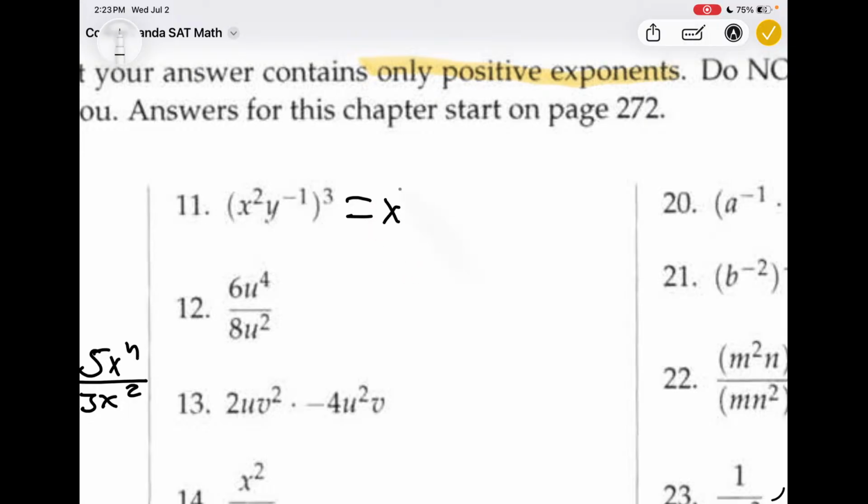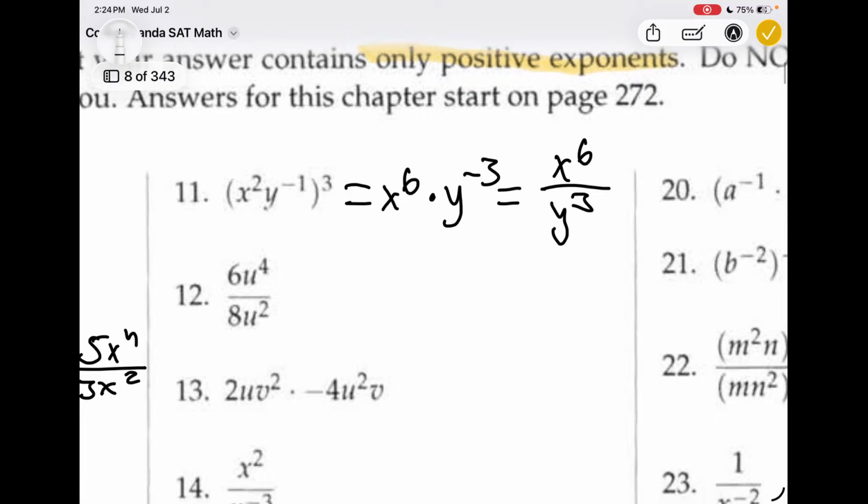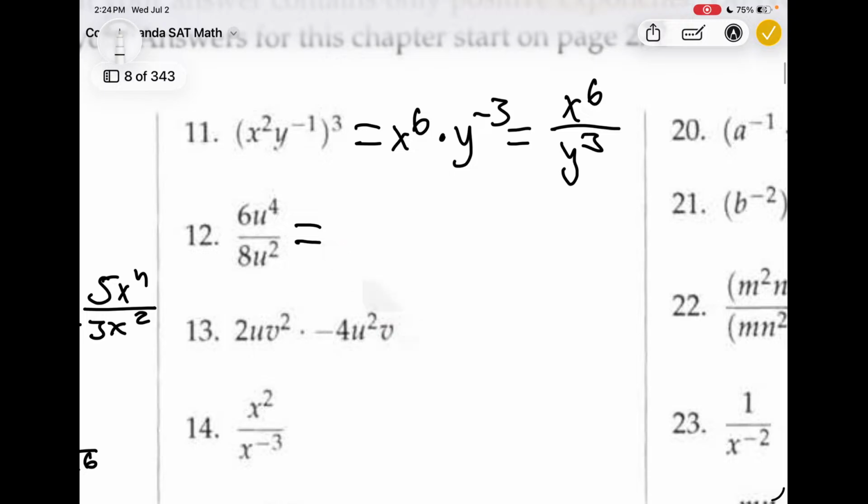So this is x to the 6th times y to the negative third, which is equal to x to the 6th over y to the 3rd. Yeah, it looks about right. Let's go to the next one.